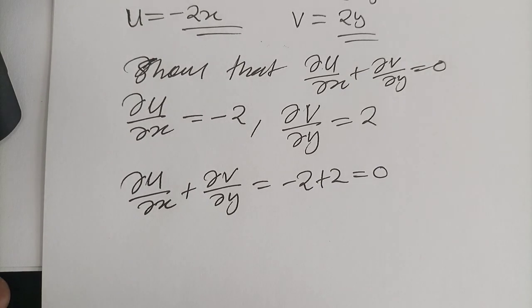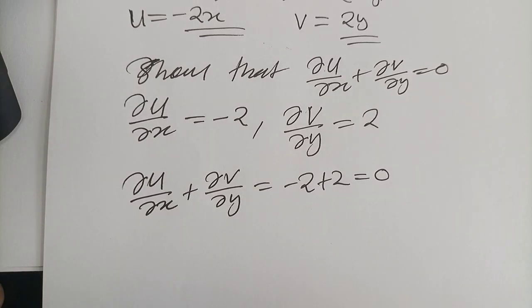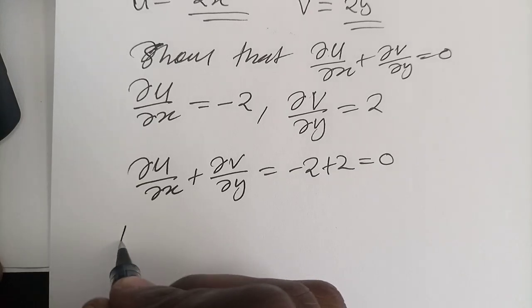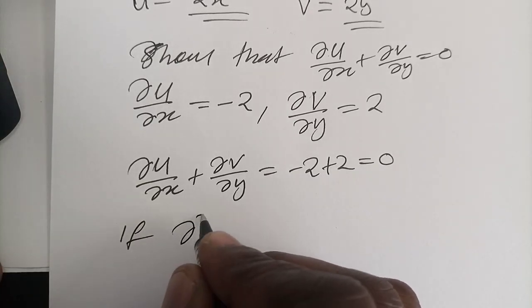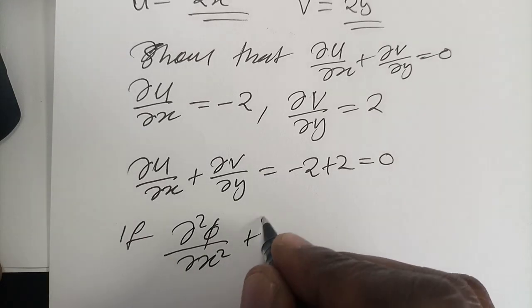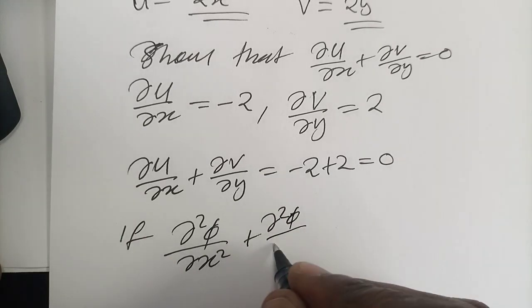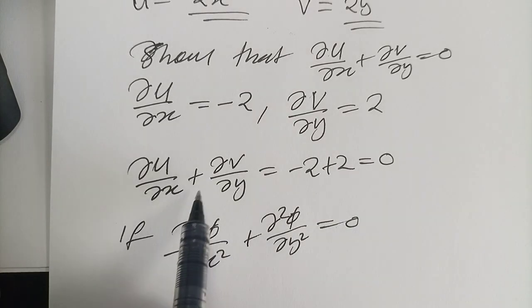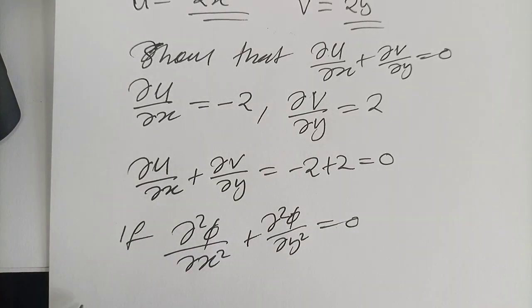The second part is asking us to show that it is an irrotational flow. So the flow is irrotational if the Laplacian of the velocity potential function is equal to 0. Technically, this equation and this equation are the same.